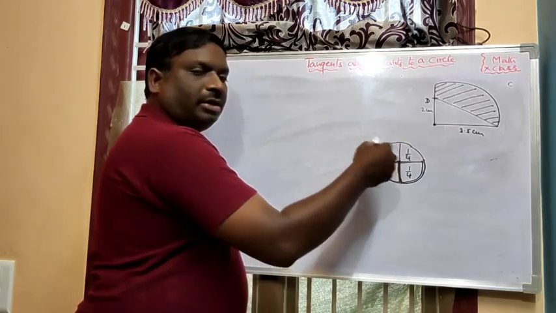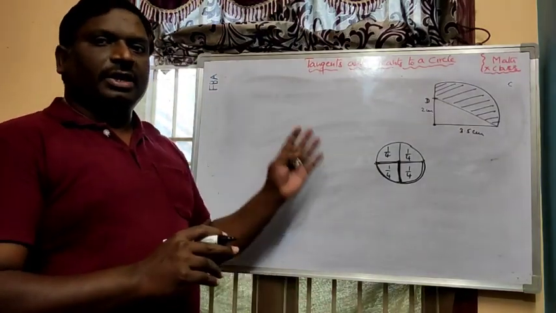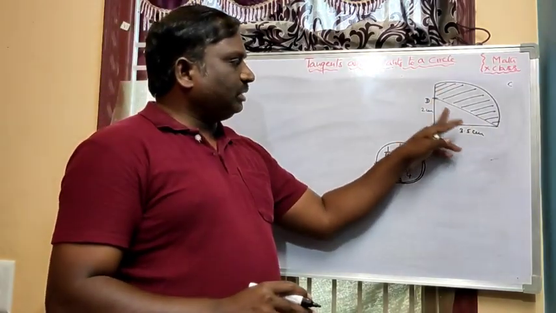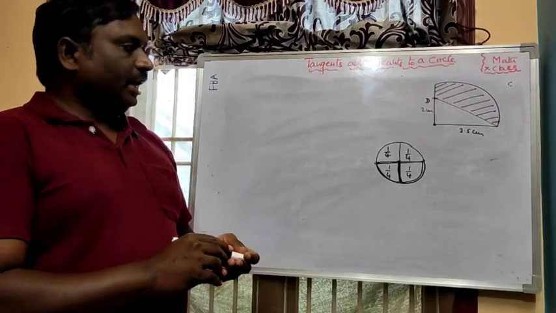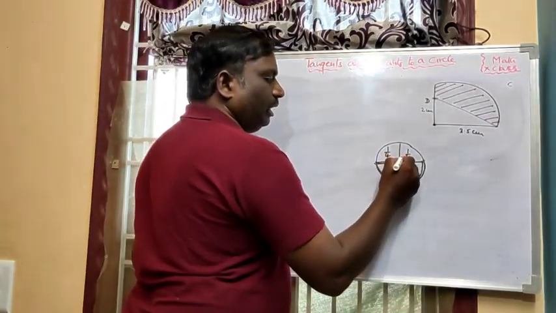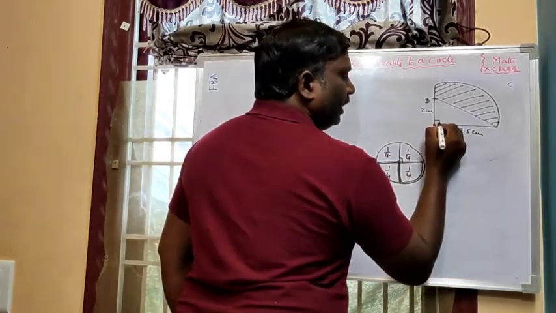If they are not giving a sector directly but asking for a quadrant of a circle, you have to understand that it is a sector. Area of the sector minus area of the triangle. What is the area of the sector? Angle at the center of the circle: quadrant means definitely it forms 90 degrees.